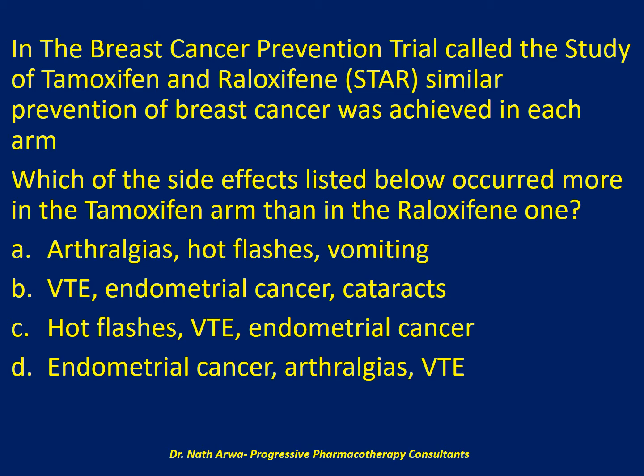Was it arthralgias, hot flashes, and vomiting? Was it VTE, endometrial cancer, and cataracts? Was it hot flashes, VTE, and endometrial cancer? Or was it endometrial cancer, arthralgias, and VTE? I'll give you 10 seconds to choose the correct answer.